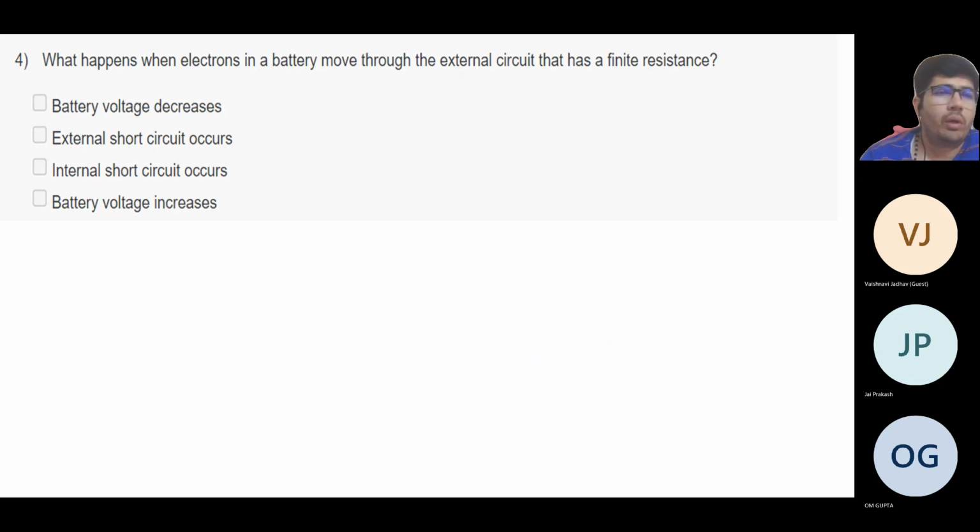Question number 4, what happens when electrons in a battery move through the external circuit that has a finite resistance? Battery voltage decrease, external short circuit occurs, internal short circuit occurs, battery voltage increase. Please take 2 minutes to answer.